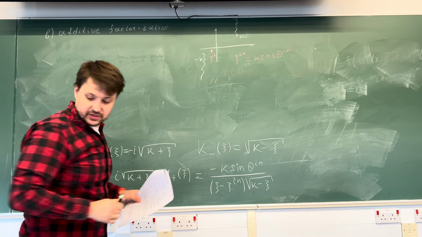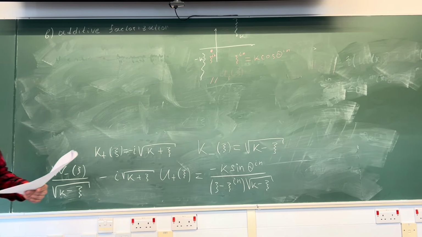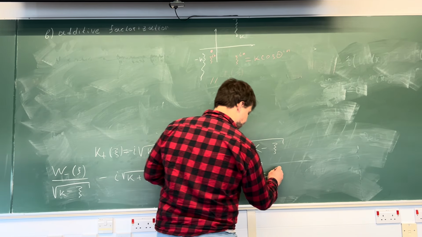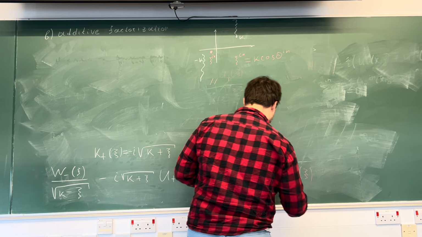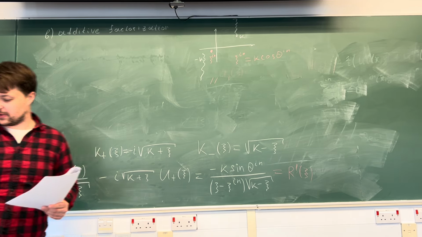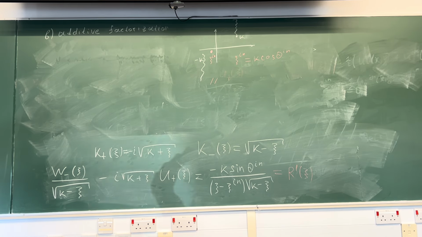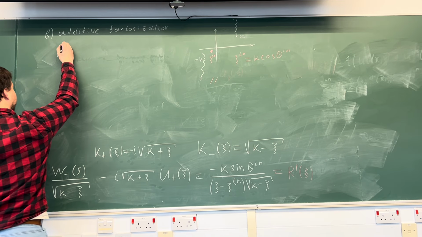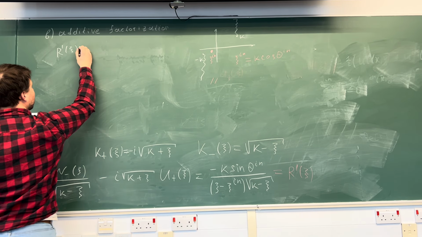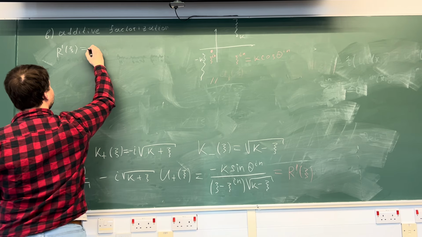So we have this thing, I will call it prime. Divided, it's different from our previous calculation. And what I want to achieve is the following thing.